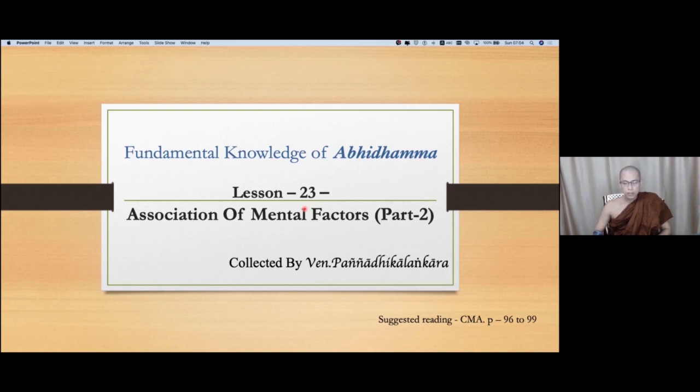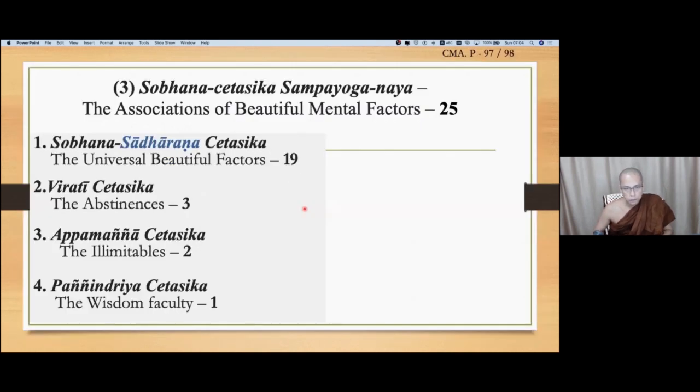So today in lesson 23, we are going to study the association of beautiful mental factors. For the 25 beautiful mental factors, there are 4 ways of association. As we have divided in the Chittasika study, the first group, Sobhana Sadharana, 19; the second group, Virati Chittasika, the abstinence 3, Samma Vaca, Samma Kammanta, and Samma Ajiva.